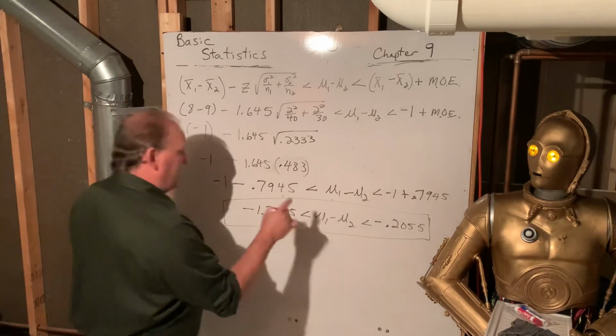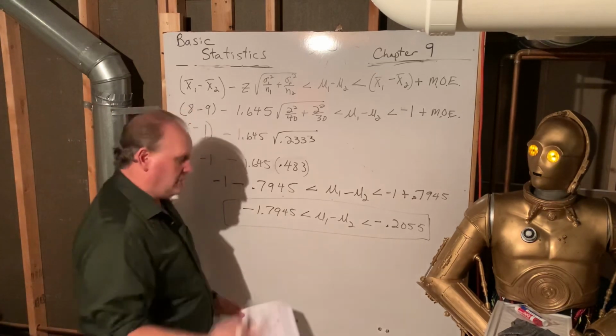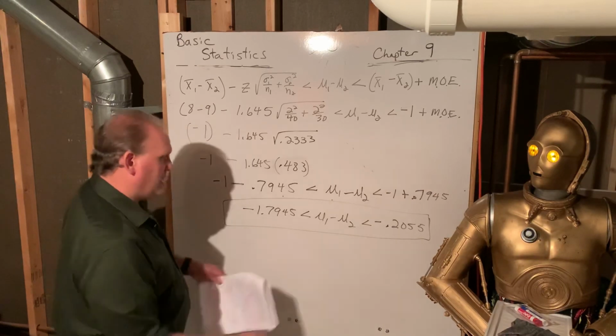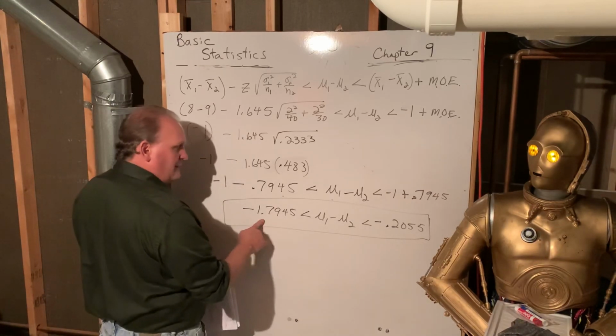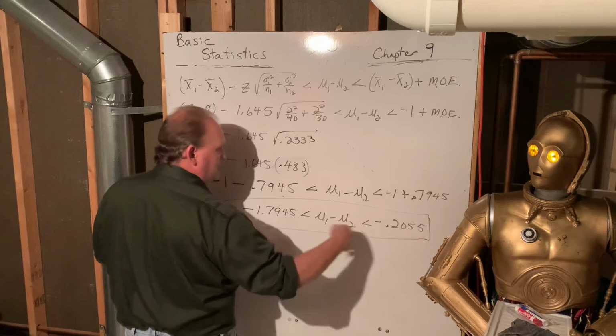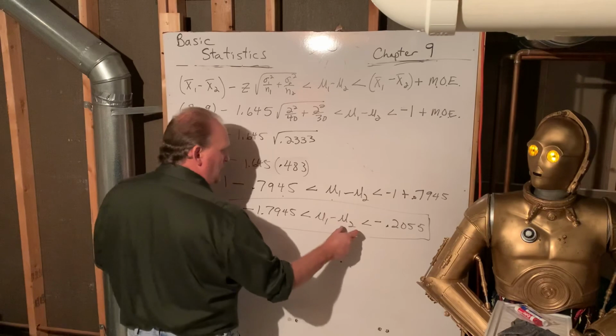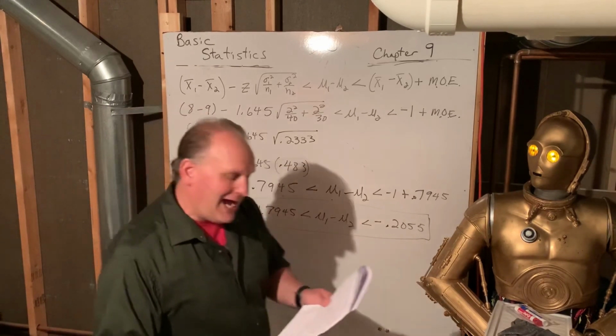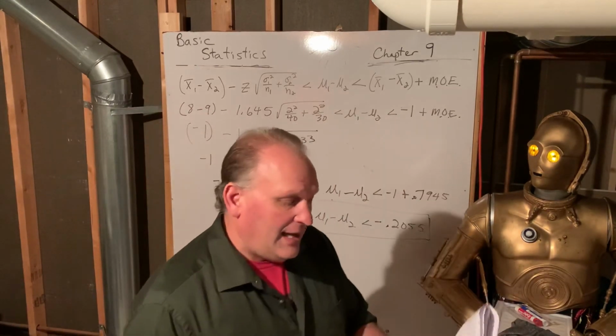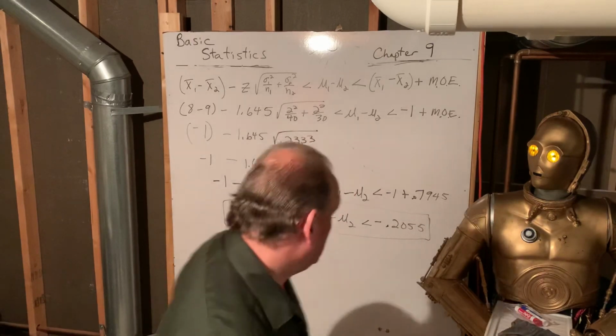So, if we had a null hypothesis that they were equal and an alternative hypothesis that they were not equal, this would be evidence for the alternative hypothesis, because it goes from negative and stays negative, so it misses 0. If mu1 minus mu2 is equal to 0, that's the null hypothesis, and it's not included in that.